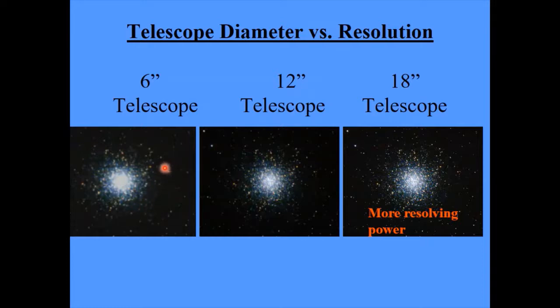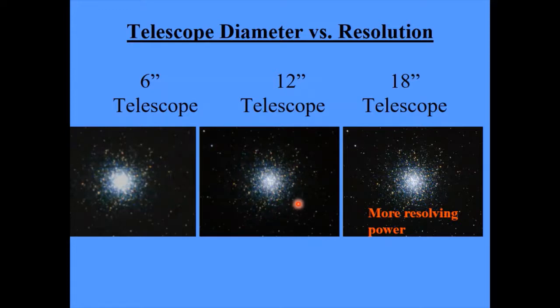Notice that the stars are a little blurred, and also towards the center of the cluster, all the stars are just blurred together into one blob. And this doesn't mean that the image is out of focus. In fact, this is in focus. This is just the best image we can get from a small telescope because it doesn't have a lot of resolution or resolving power. Now, through a medium-sized telescope, notice the picture is markedly clearer.